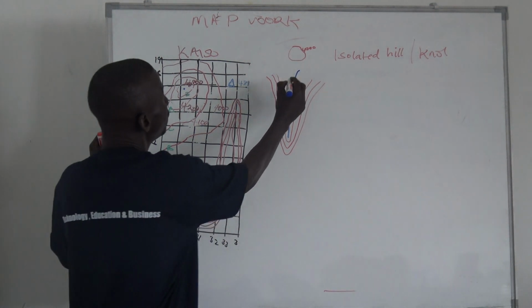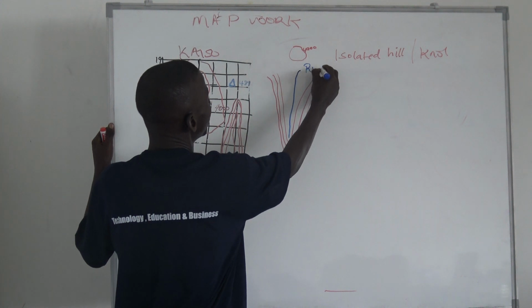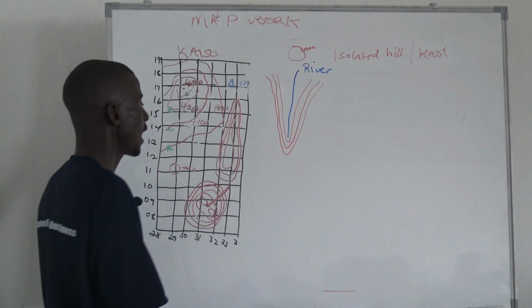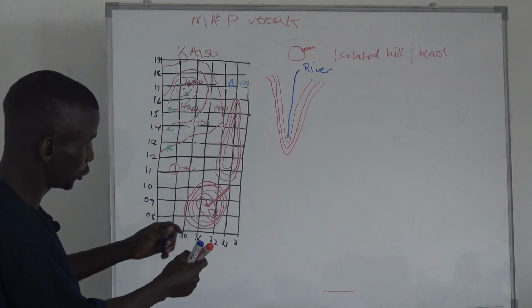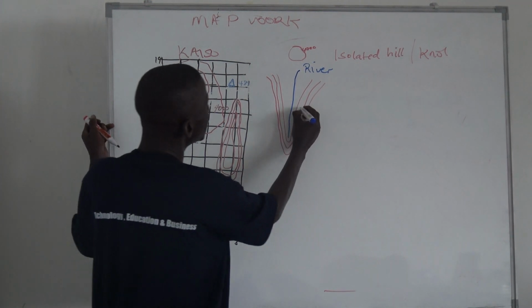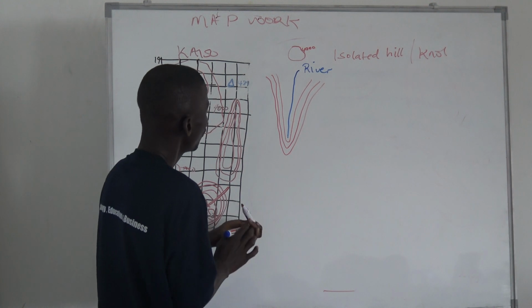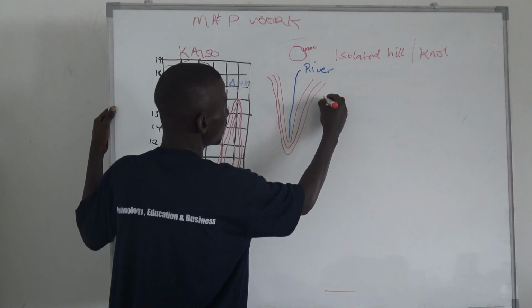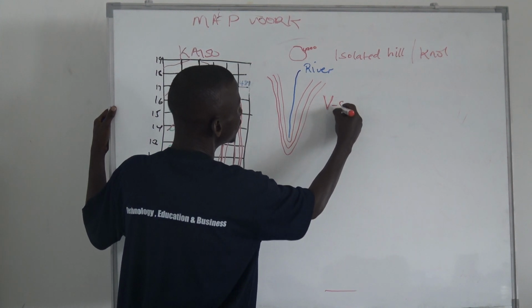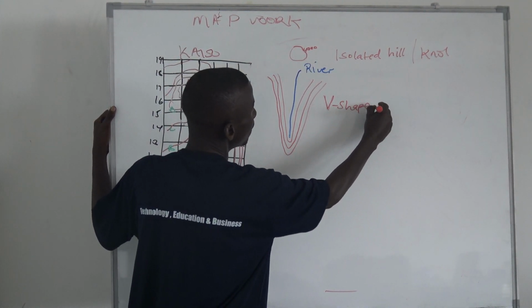This one is usually a river, but it is not a relief feature. Our main emphasis is this relief feature, which we are calling a V-shaped valley.